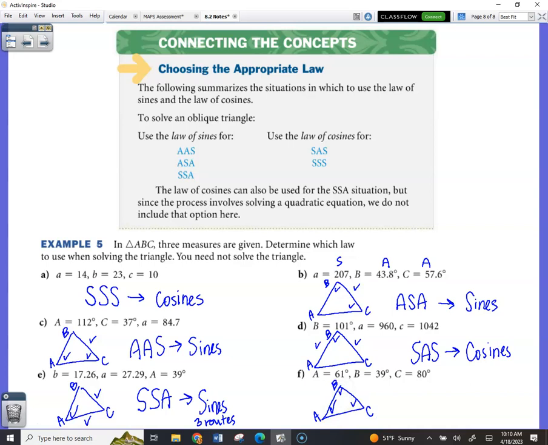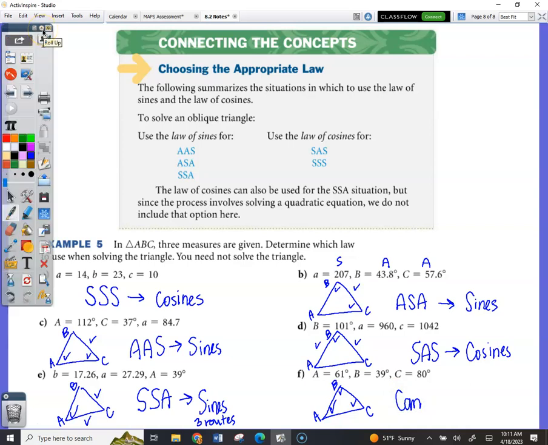Look at F. F gives me what? All three angles. This was a trick. This was a trick to see if you recognized or remembered that we said you always have to have a side in there.